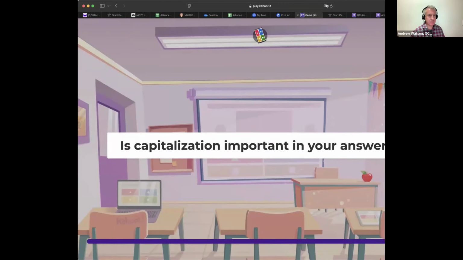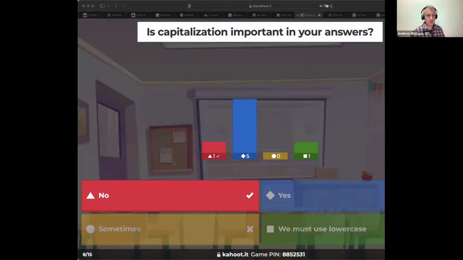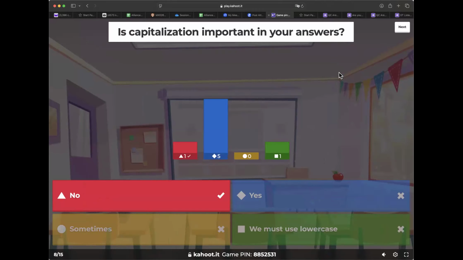Capitalization. Interesting one. So the answer is no. Capitalization is not important. I believe that is incorrect.